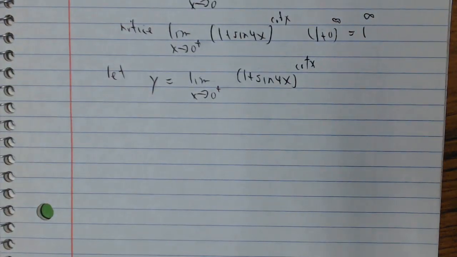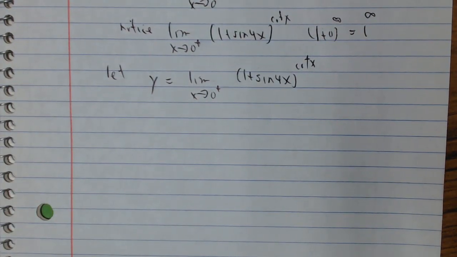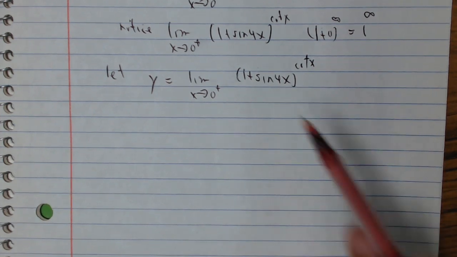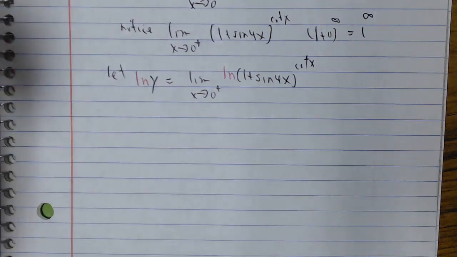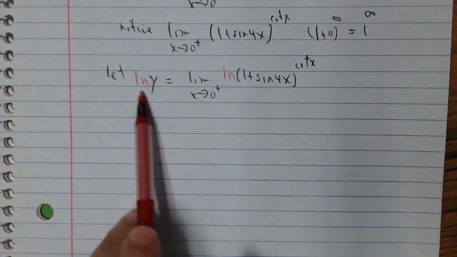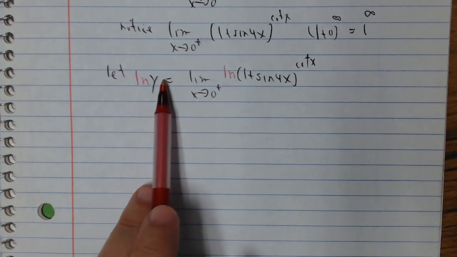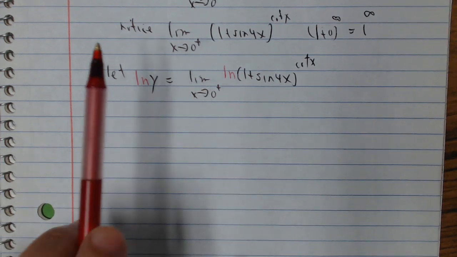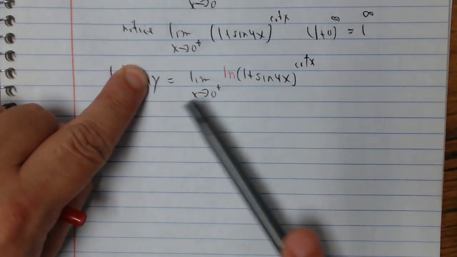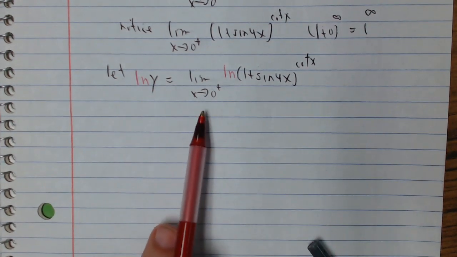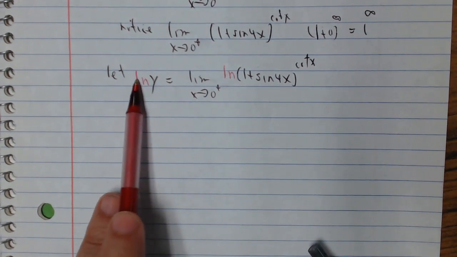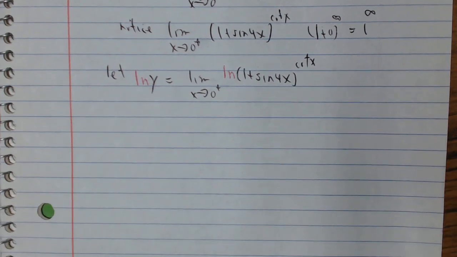So then what I want to do is bring this cotangent down. How do I do that? By natural logging both sides. Now, this is extra, but the reason I'm putting this is because now what am I solving for? Our goal initially was to solve for y, because y was this limit. Now we're solving for ln of y. But once I know what ln of y equals, then I could get rid of that ln and ultimately find out what y is.